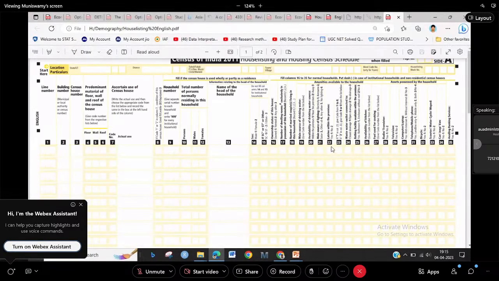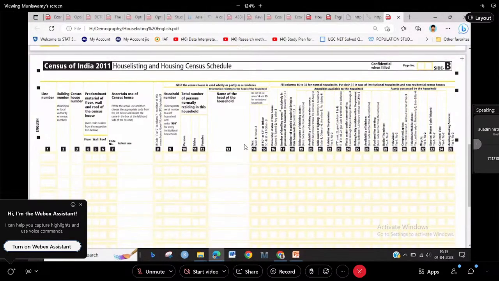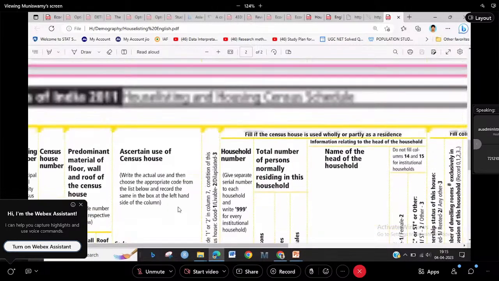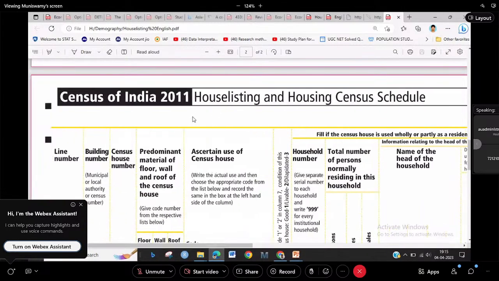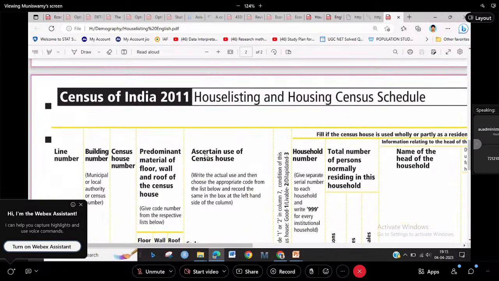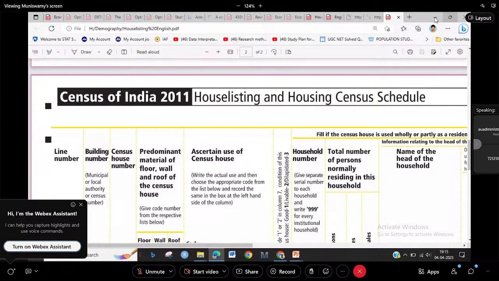How we gather the data. This is also one type of survey. In the 2011 survey, every 10 years the questions are changed, and the questions are like here.